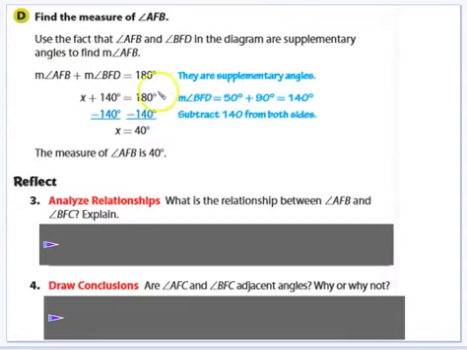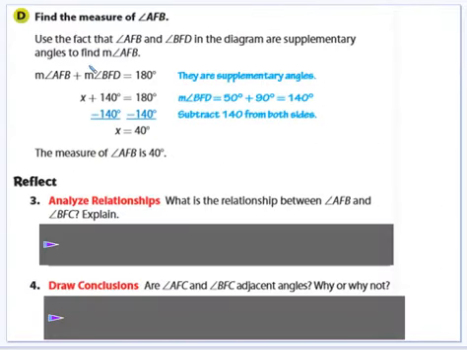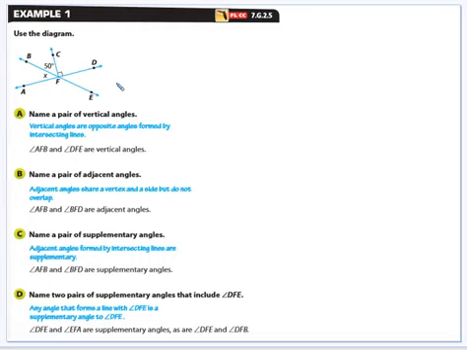So, find the measure of AFB. If AFB is supplementary with BFD, they show you that this is a right angle.